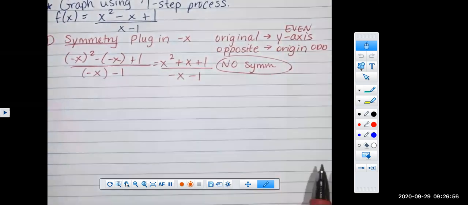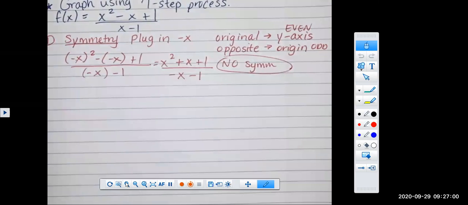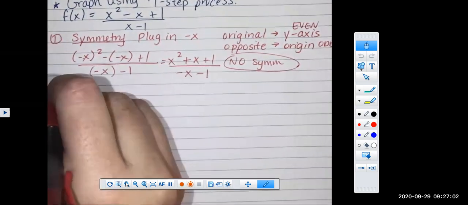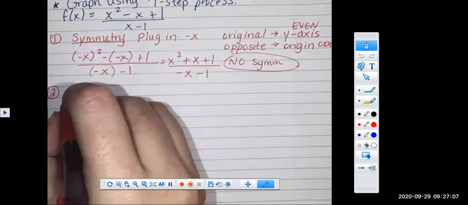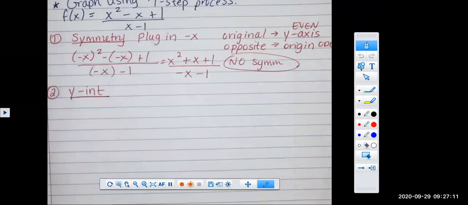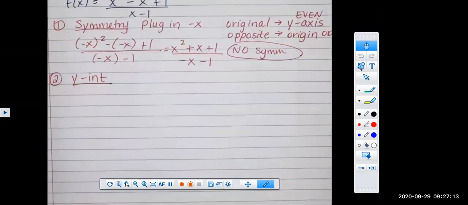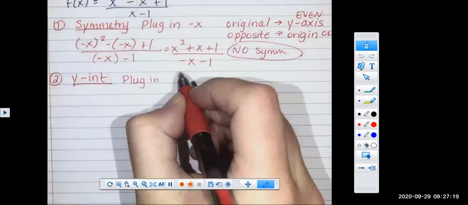So only some of my signs change, so no symmetry. Okay, step 2. They ask you to find the y-intercept. So of course, you're just going to plug in 0 for x.